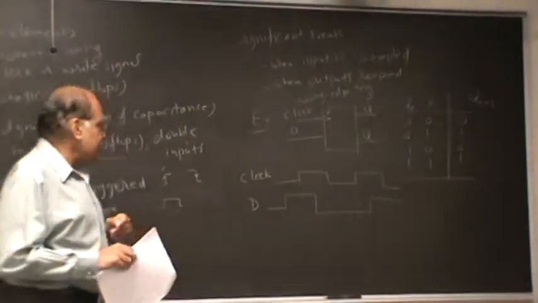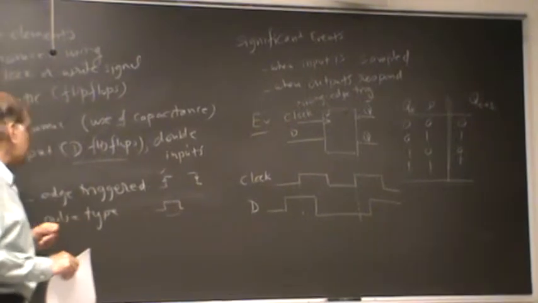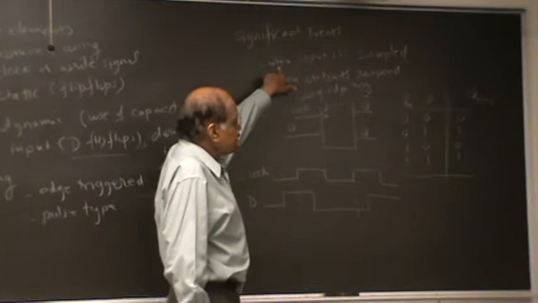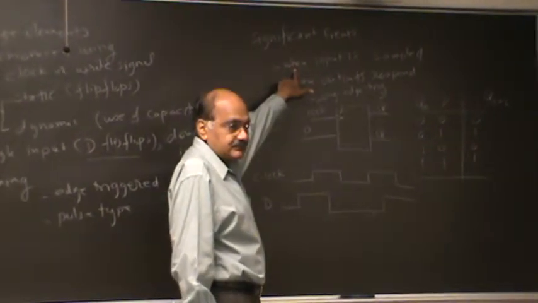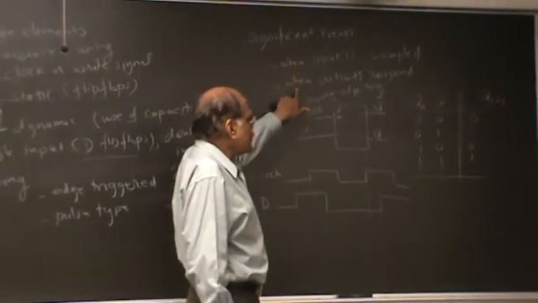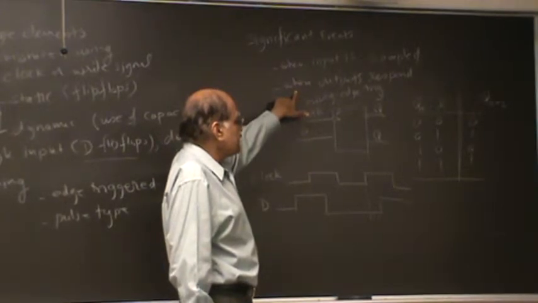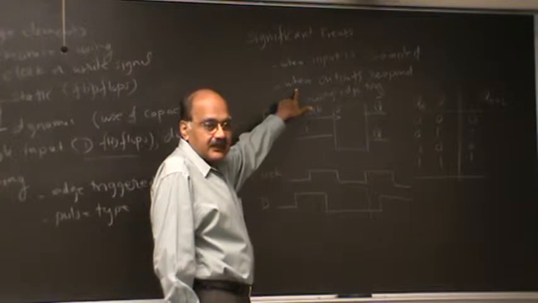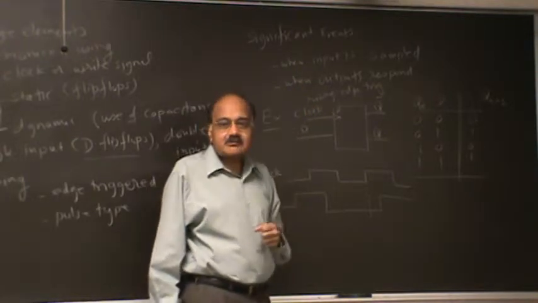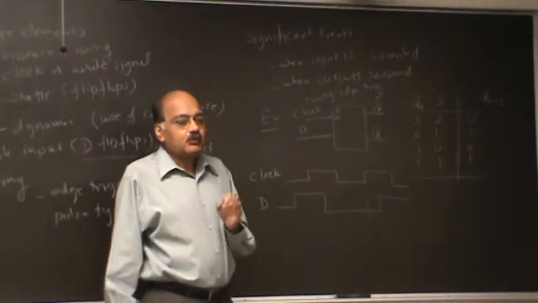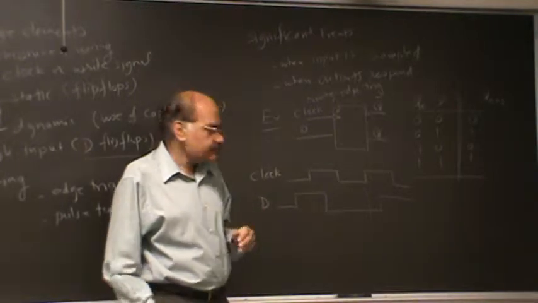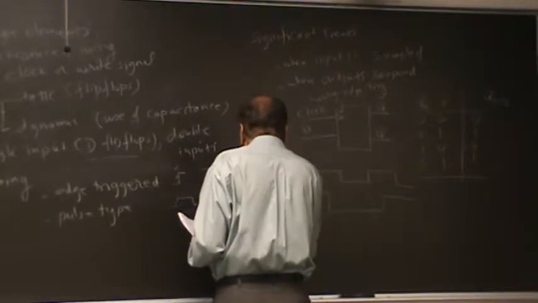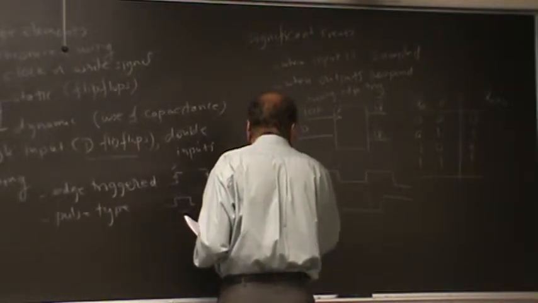Now, in case of a rising edge triggered flip-flop, input is sampled on the rising edge, and output will also respond at the rising edge, except that you need to allow for some propagation delay, which is always there. So here is how the output Q will look like. Let's assume that it was 0 at the beginning.